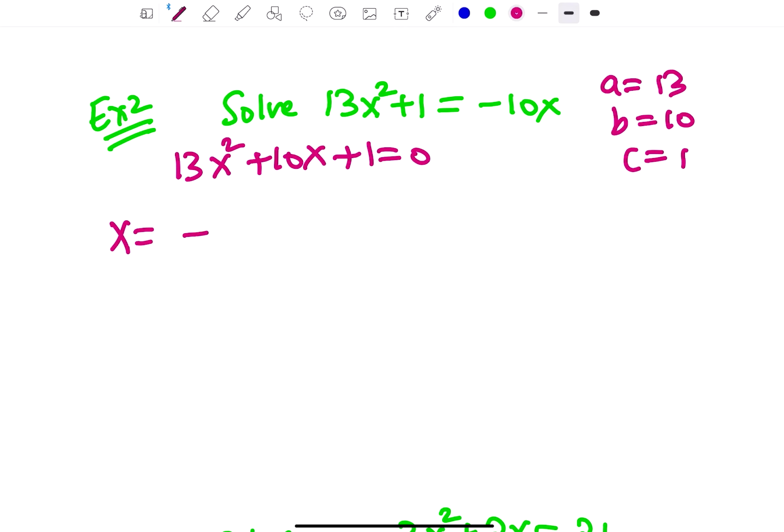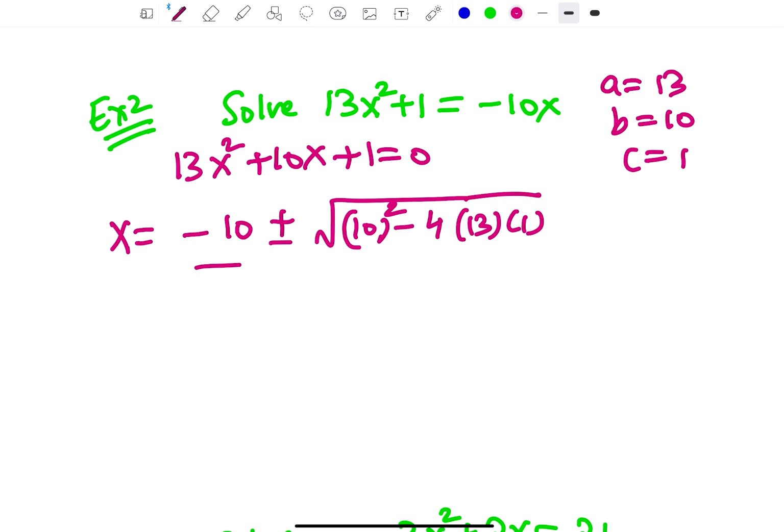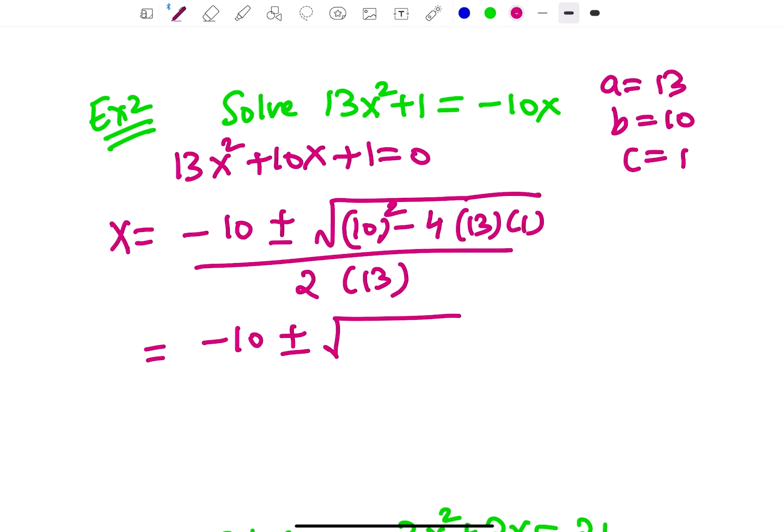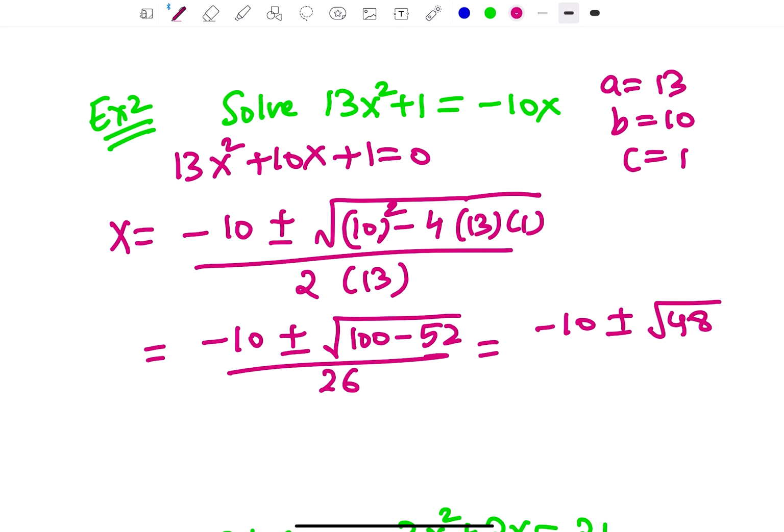The quadratic formula says negative b plus or minus the square root of b squared minus 4ac, divided by 2a. So this turns out to be negative 10 plus or minus the square root of 100 minus 13 times 4, which is 52, divided by 13 times 2, which is 26. Negative 10 plus or minus the square root of 48 over 26.